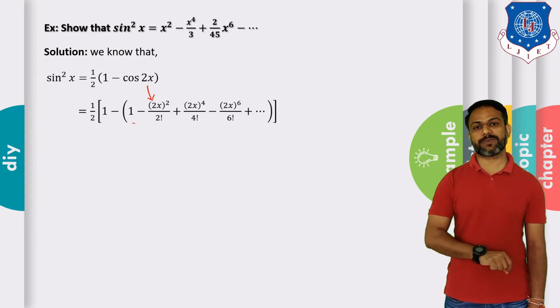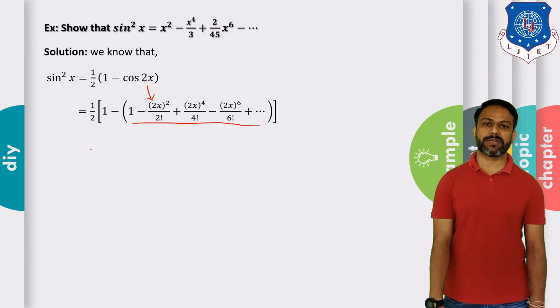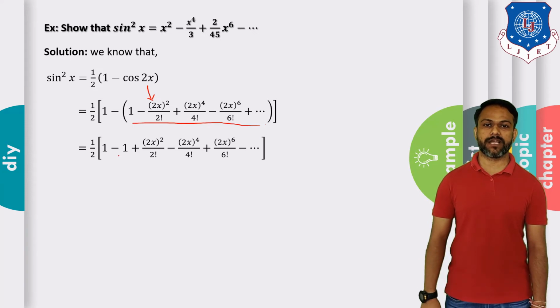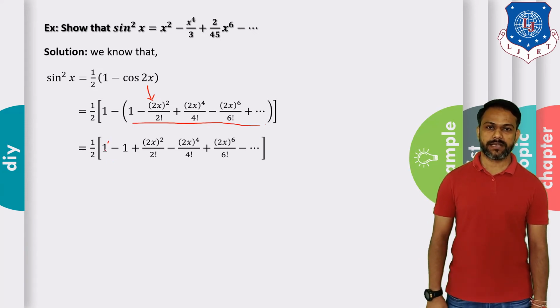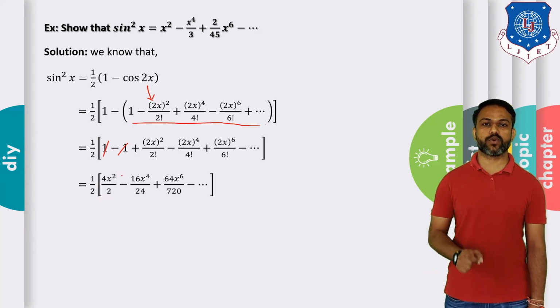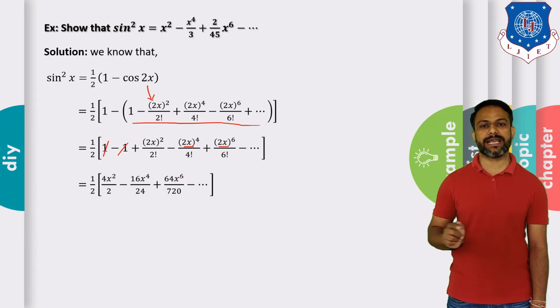By opening the inner bracket and cancelling 1, we have this series, with 2x whole square, that means 4x square, 2x whole raised to 4, that means 16x raised to 4, 2x whole raised to 6, that means 64x raised to 6 and so on.